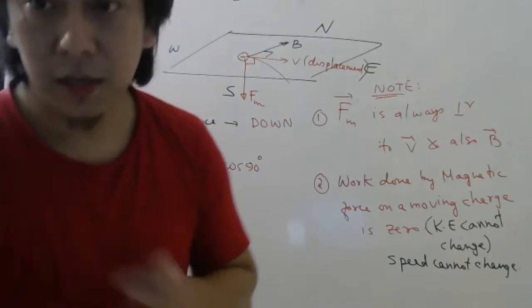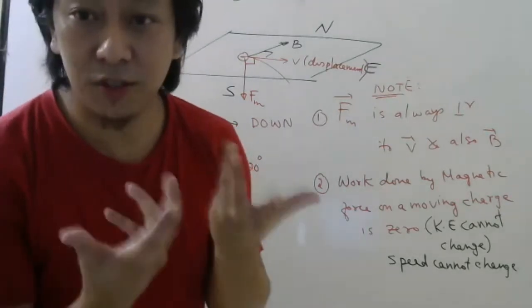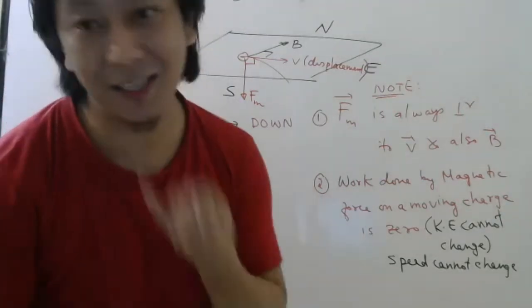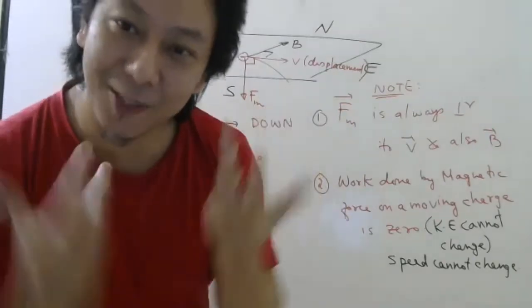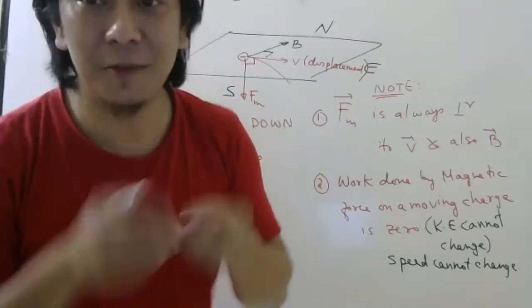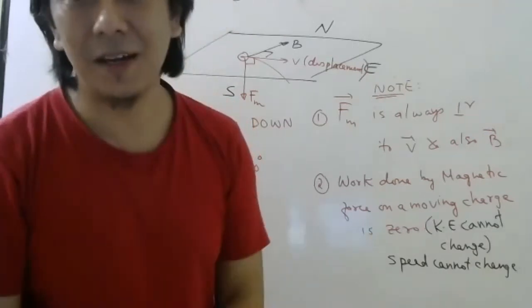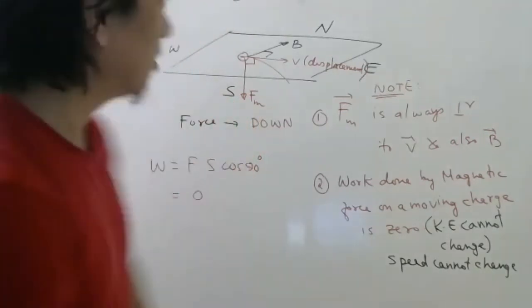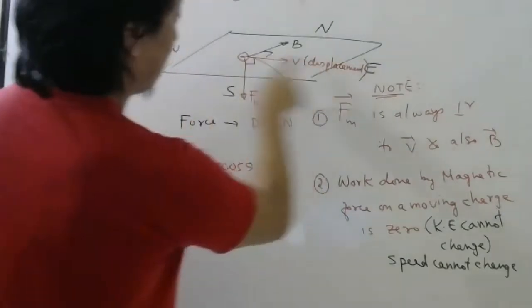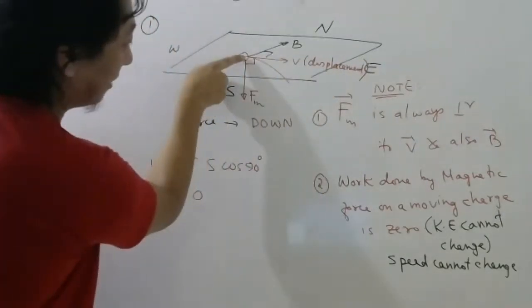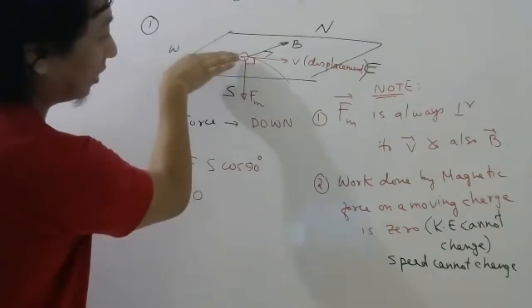However, students, now you may be thinking what this force is doing. It is not changing the kinetic energy. It is not changing the speed also. Then what it will do? It will change the direction. It will change the direction of the motion of the charge. So if the charge is going like this and it feels a magnetic force like this, then you all know it will deflect like this.